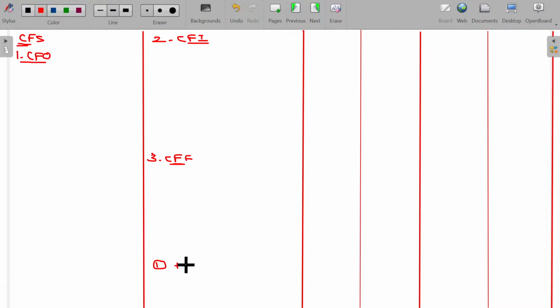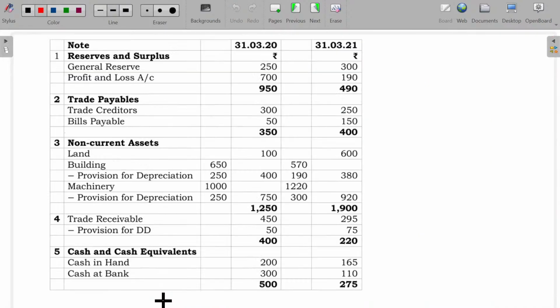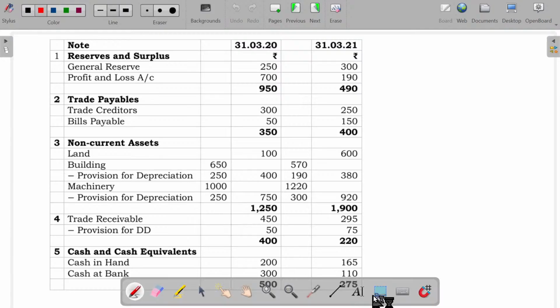Adding number 1, number 2, number 3. With that, if you add opening cash balance, you will get the closing cash. Let me finish up the notes to accounts first in this time.